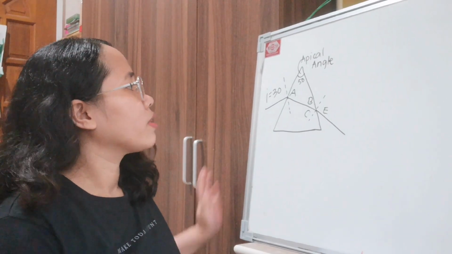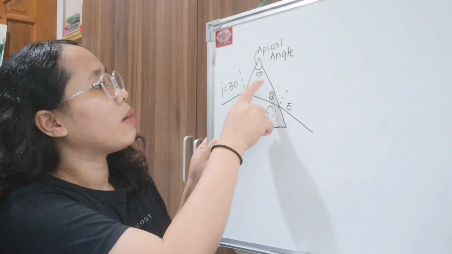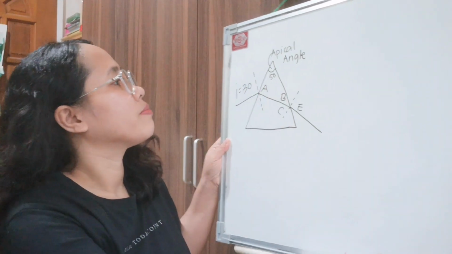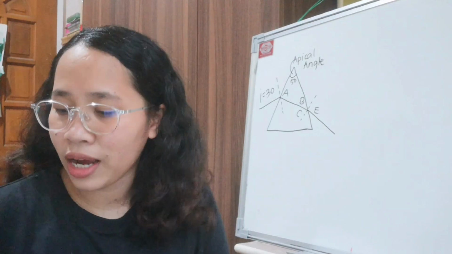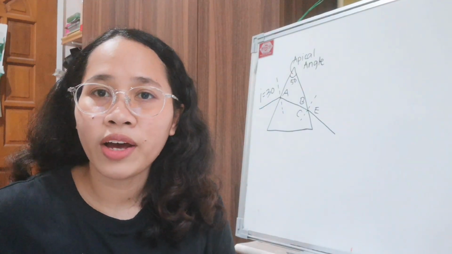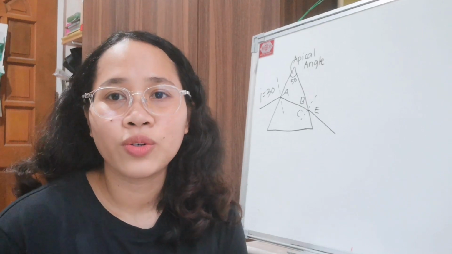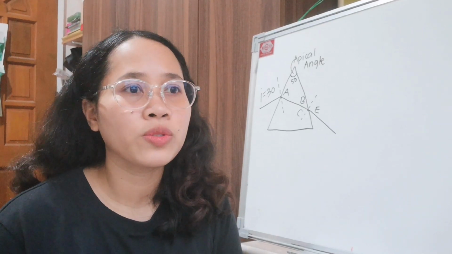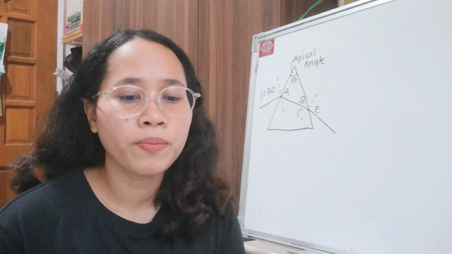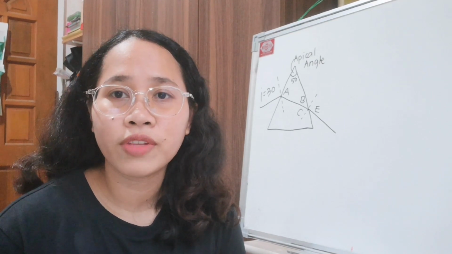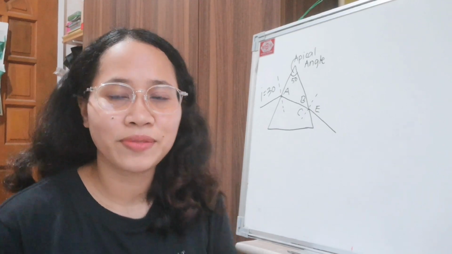We have the angle of incidence, 30, and the apical angle, 50. Before we can compute for the angle of emergence, we have to first get the angle of refraction. I think this was the last part of TO1 that we had, so I hope you can recall it.